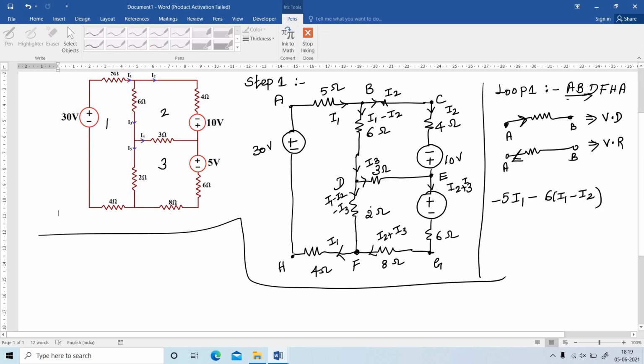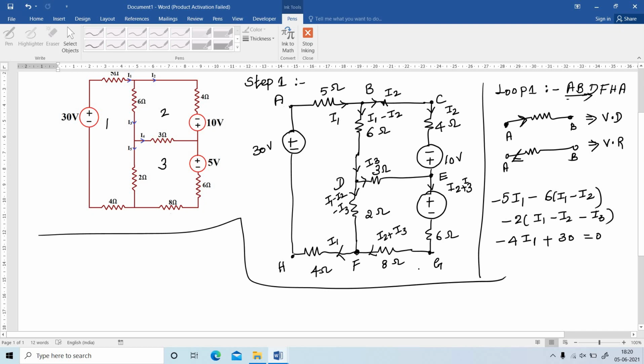Next consider the 2 ohm resistance. This is also a voltage drop: minus 2 into I1 minus I2 minus I3. Next, consider the 4 ohm, again a voltage drop. Plus, for the voltage source, that is a voltage rise, 30, equal to 0.